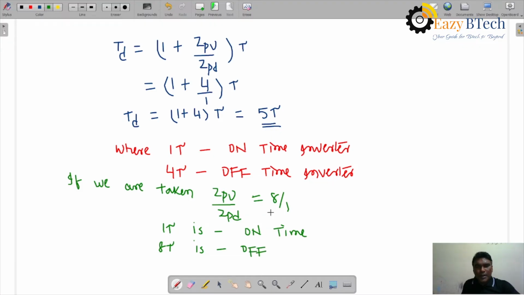So the total time delay from inverter to inverter, if it is maintained at 8 by 1 ratio, is 1 plus 8, it is 9 tau, 9 nanoseconds. So this is the time taken. Let us take 16 by 1. So 16 by 1 means 1 is on time, 16 is off time. So like that it will be taken, right?